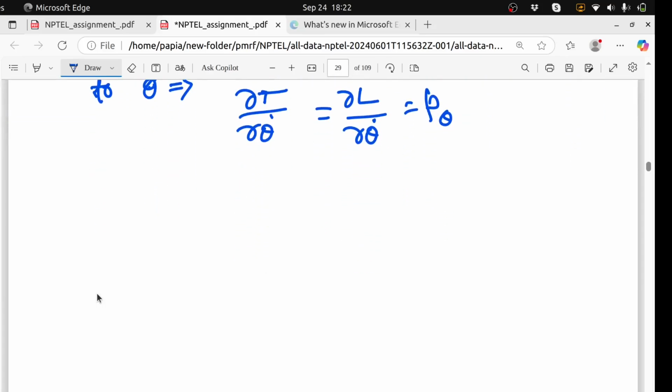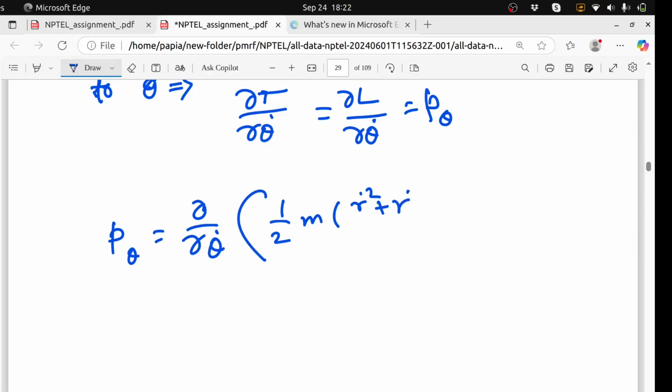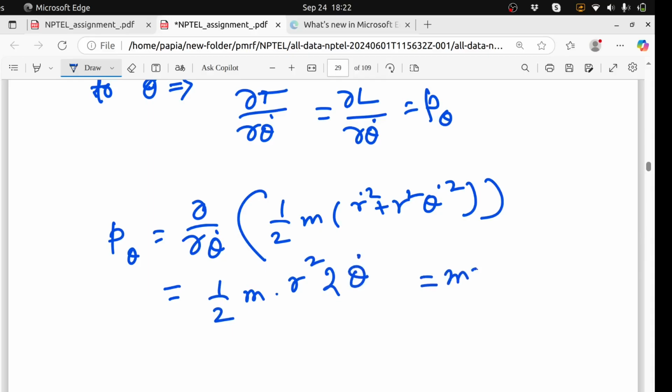So what will be the expression for p theta? It will be del theta dot of half m (r dot square plus r square theta dot square). So this will be simply half m r square times 2 theta dot, so it is m r square theta dot.